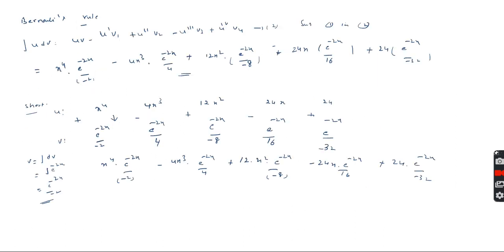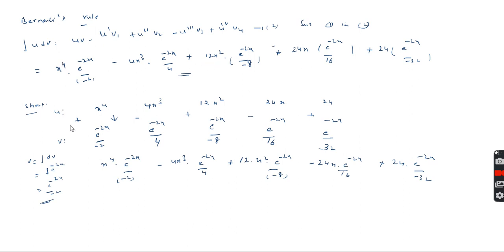Next we apply the Bernoulli rule. Written as a formula, the integration of u dv is uv minus u dash v1 plus u double dash v2 minus u triple dash v3 plus u fourth dash v4. Substitute 1 in 2, so we substitute all the values and we get this.